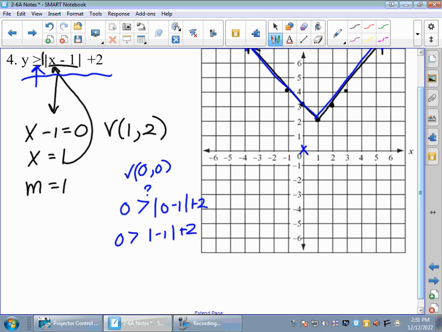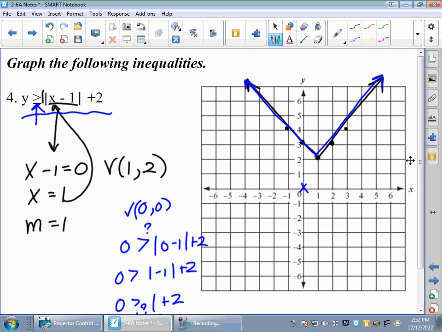Plus 2, I haven't taken the absolute value yet. What is the absolute value of -1? That's 1. Plus 2 is 3. Is 0 greater than 3? That's false. I showed a lot of work there, but sometimes we hurry on that step and we make mistakes. 0 is not greater than 3, so 0, 0 is not a solution to this inequality. And 0, 0 is on the outside, so then all my solutions must be inside.